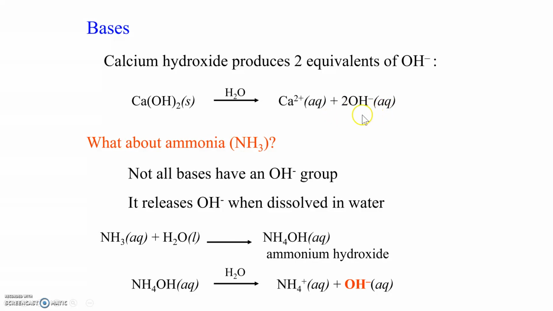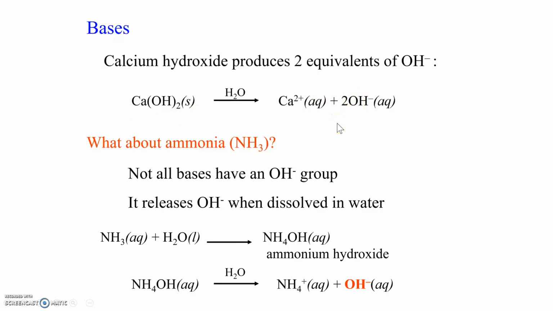One of the differences between calcium hydroxide and sodium hydroxide is that when you add the calcium hydroxide to water, you are forming 2 moles of hydroxide ion. So this is something that you will want to remember when we're looking at both acids and bases: the stoichiometry, or the number of moles that are produced when you add it to water.